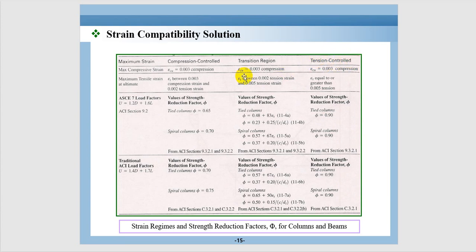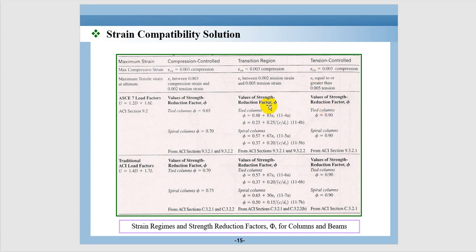In all cases, the maximum usable compressive strain is limited to 0.003, so this doesn't change at all. So what we know here is that your phi factor, the strength reduction factor, increases as the ductility of the column increases.